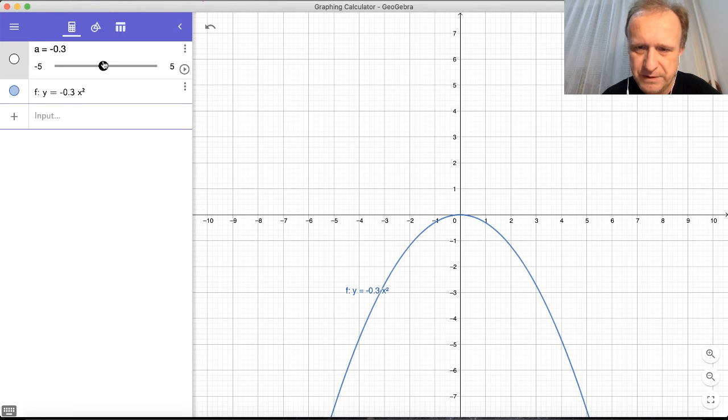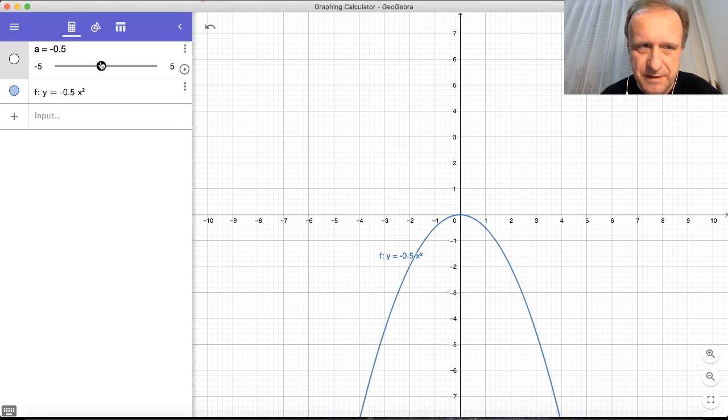It's going to be concave downwards, and for example, when a is negative 1/2, you see what it looks like. Instead of passing through the point with coordinates 1 and 1, which would be the point through which the parabola y equals x squared passes, this one passes through the point with coordinates 1 and negative 1/2.